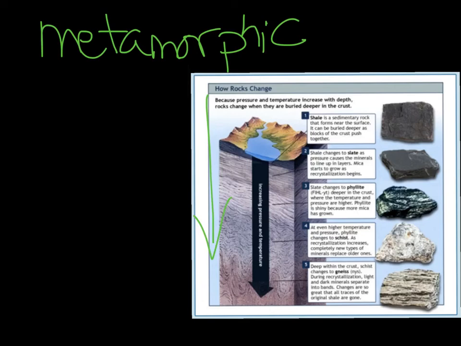So it's buried deeper, and it blocks of the crust pushes them together. Now it changes to slate. Slate changes to phyllite. Phyllite changes to schist, and schist changes to gneiss. So it's the same rock, it just changes because of the amount of heat and pressure it's under.